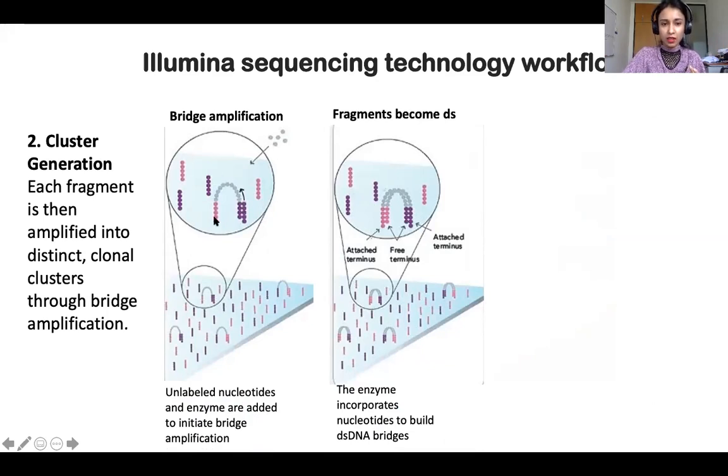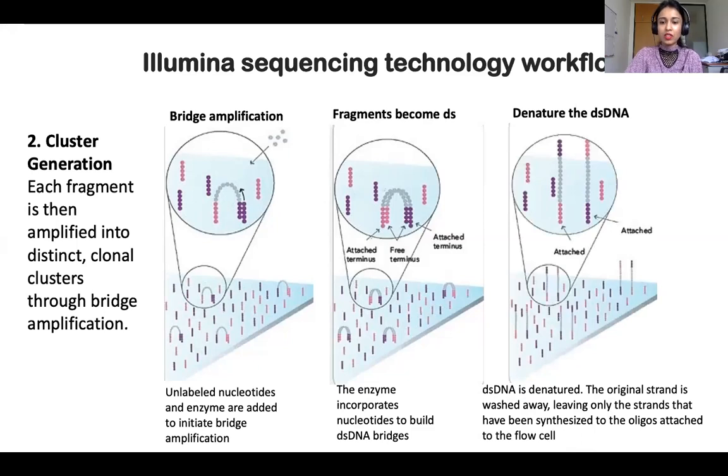catalyze polymerization. This is known as bridge amplification, and you have double-stranded DNA fragments, which are again denatured. The original strand is washed away, leaving only the strands that have been synthesized to the oligos attached to the flow cell.